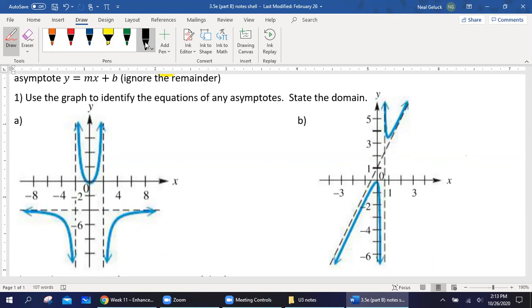So this one has vertical asymptotes. Notice my tick marks are every 2 on this. So I have a vertical asymptote at x equals -2 and at x equals +2. This one has a horizontal asymptote, and that one is down here, 4. So that's going to be at y equals -4.